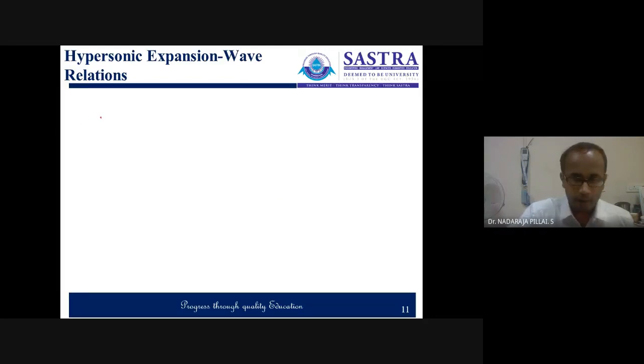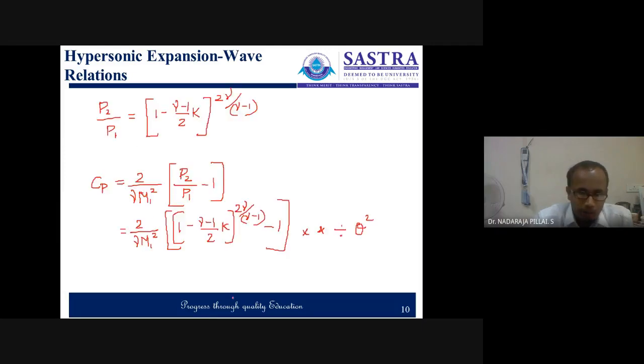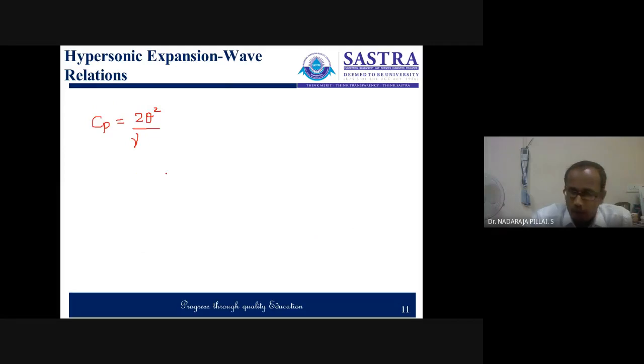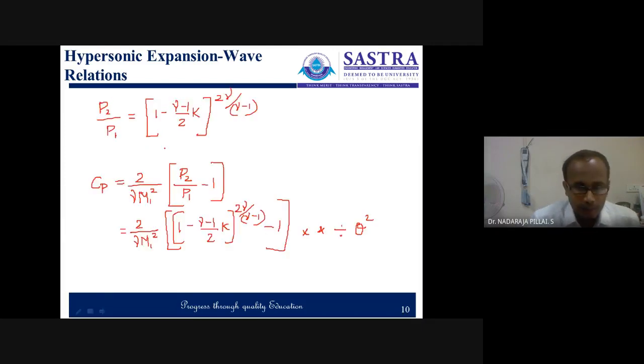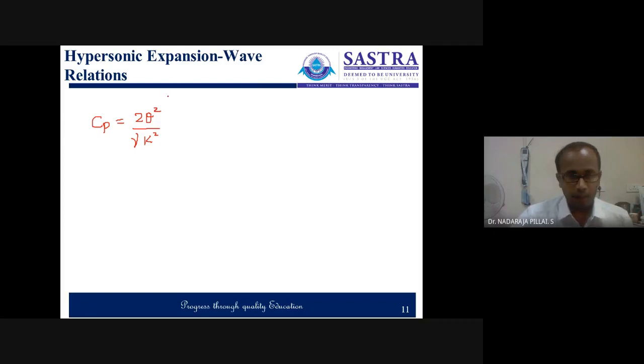Cp will become 2 theta squared by gamma, and here you have M1 squared, so if you multiply it by theta squared, it will become K squared. Theta squared by K squared, and then you will have the remaining term, that is 1 minus gamma minus 1 by 2 K the whole power 2 gamma by gamma minus 1.